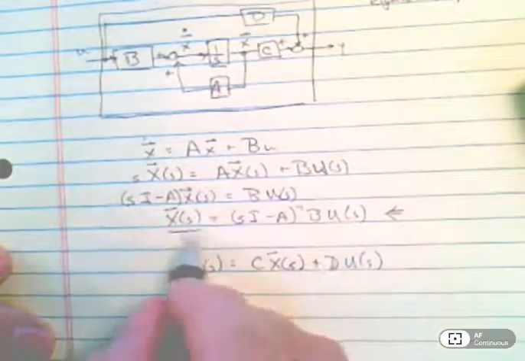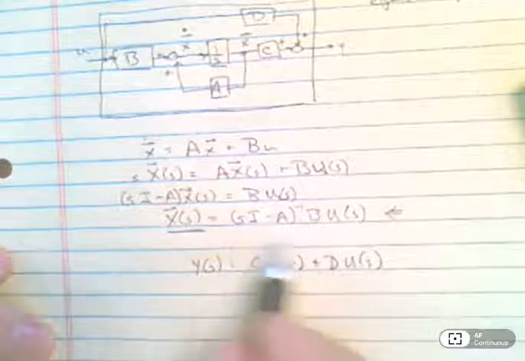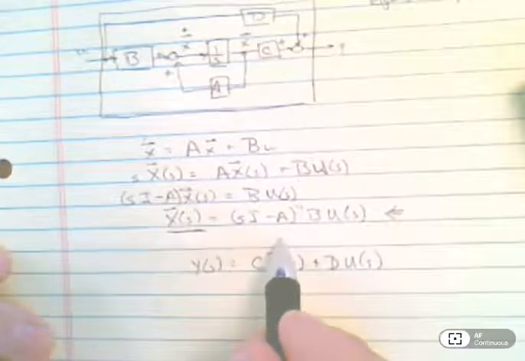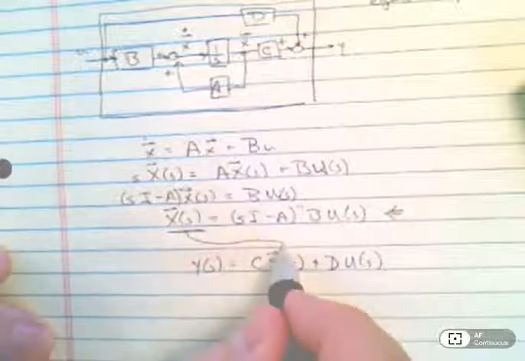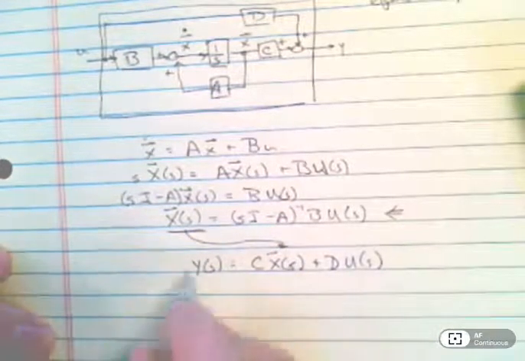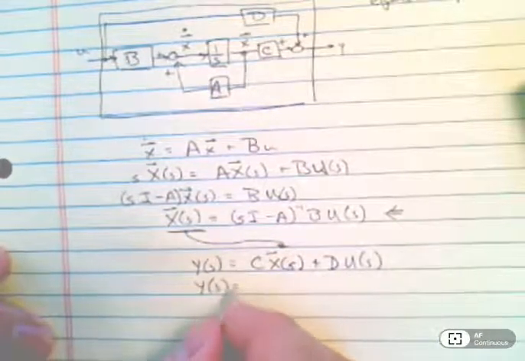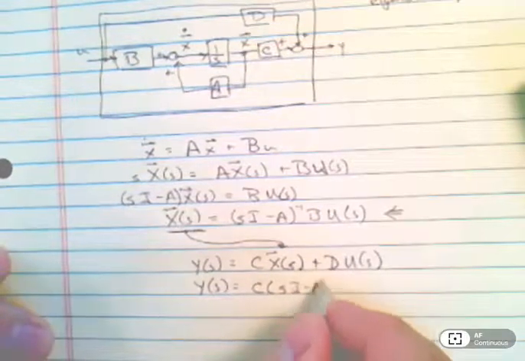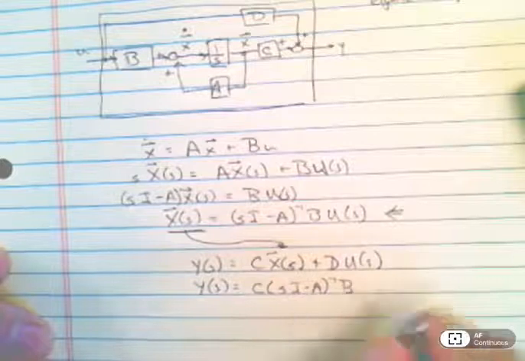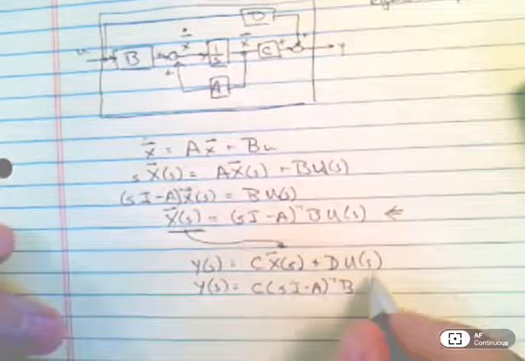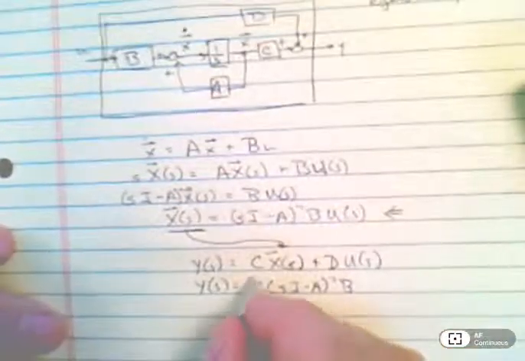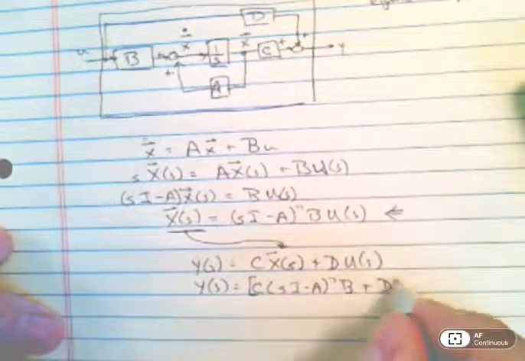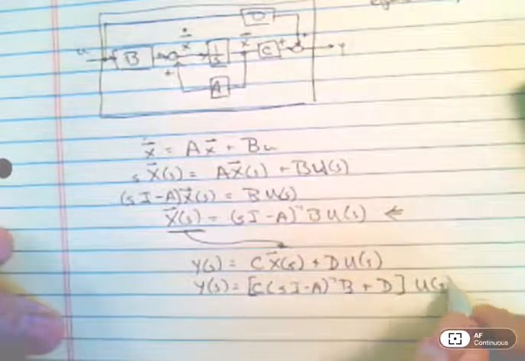But I'm going to take this x solution that I found here from the first equation, and I'm going to plug it in right there. And when I do that, I wind up with C times (sI minus A) inverse times B. And in fact I'm going to pull out a U, so I'm going to get that plus D U of s.